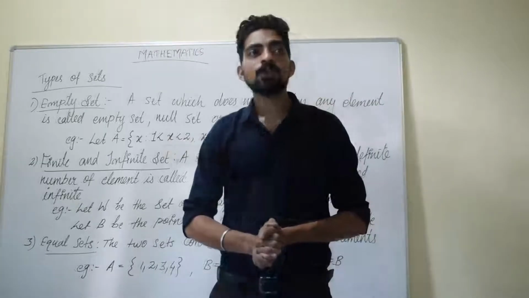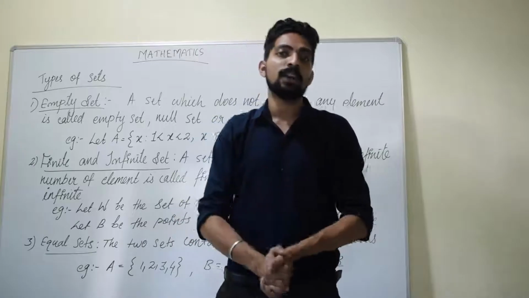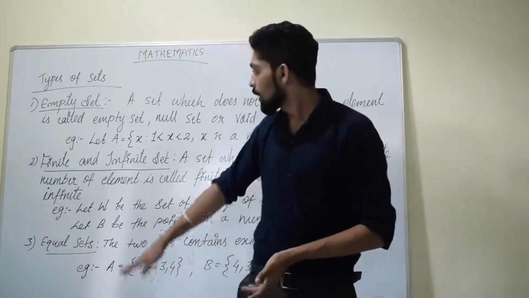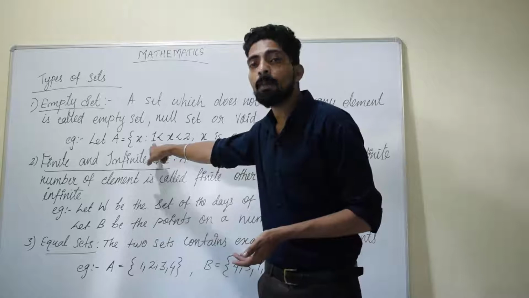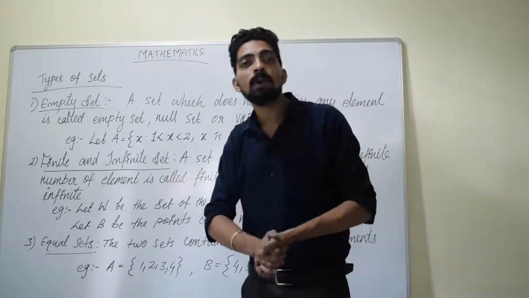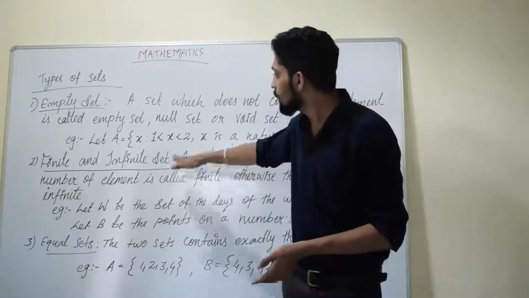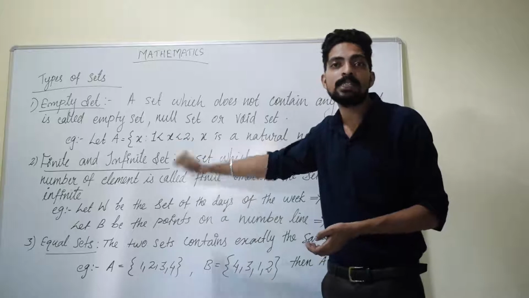Between these two numbers we cannot find any natural number, because 1 is the first counting number and 2 is the second. Between them we will find only decimal numbers. So we can say this set is an empty set.